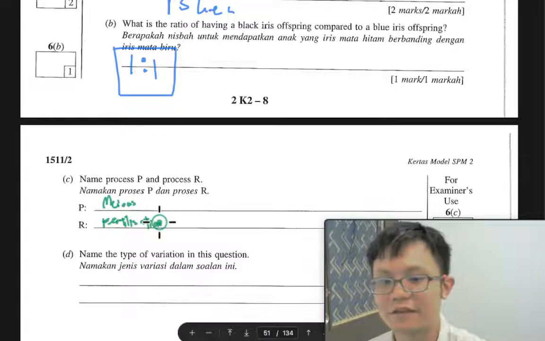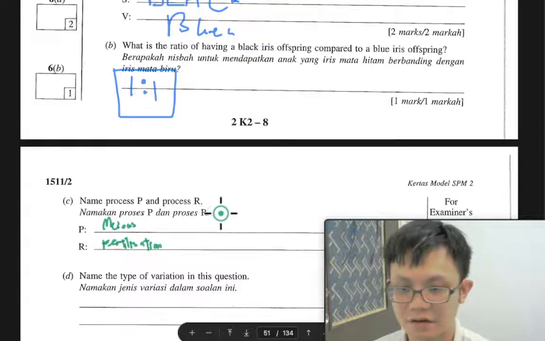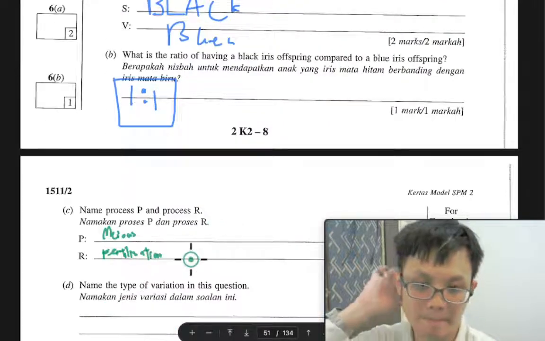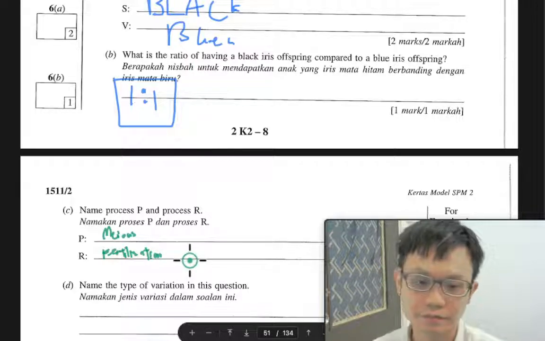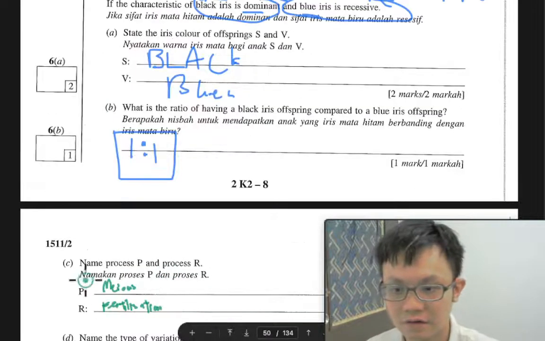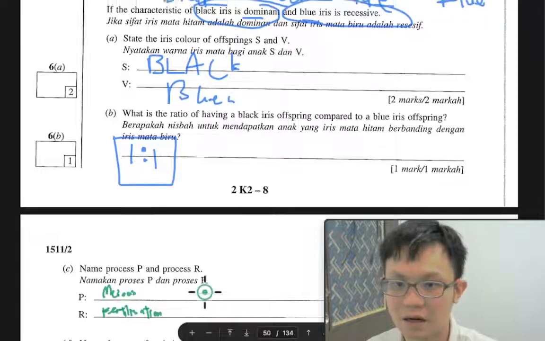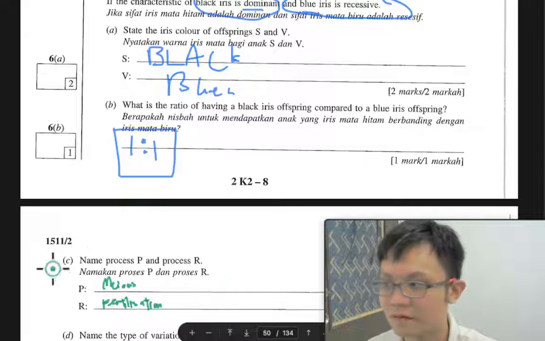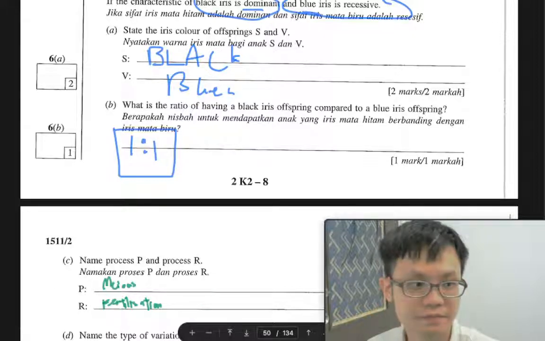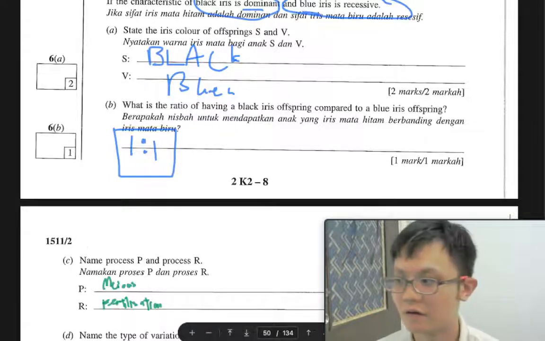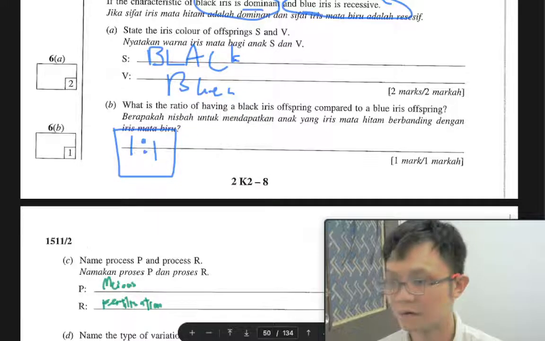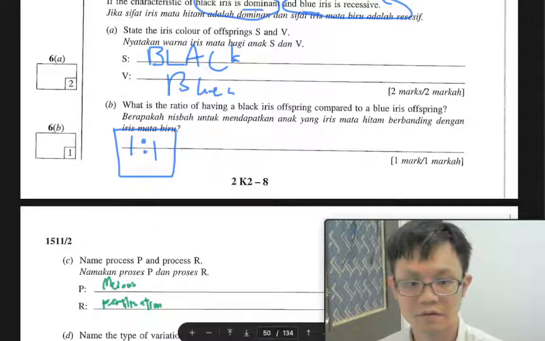Fertilization means what? Fertilization is to give rise to a new individual organism.